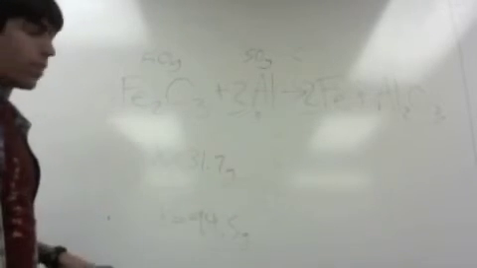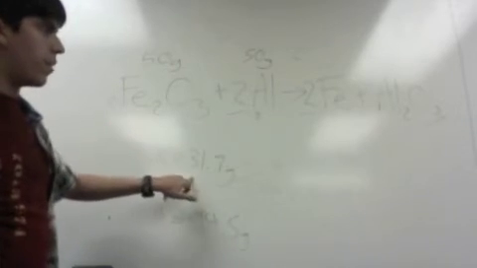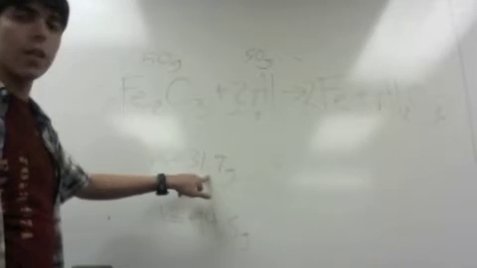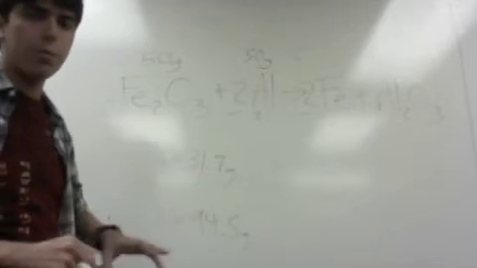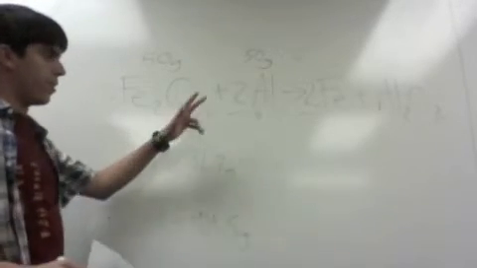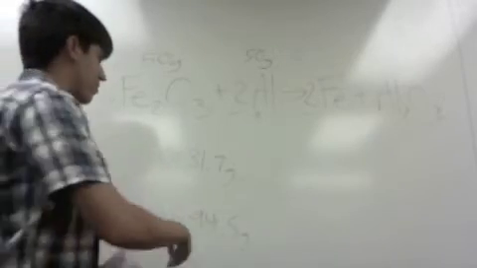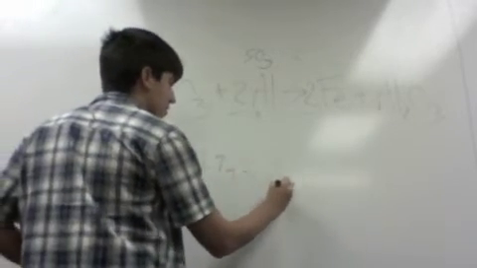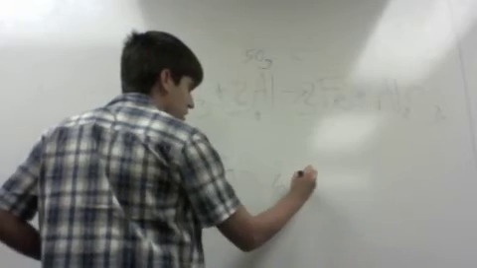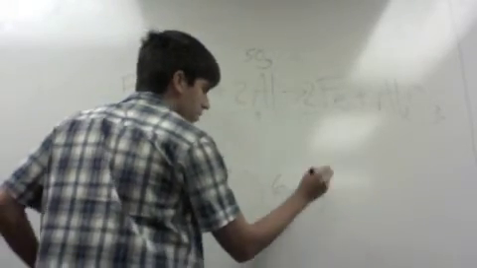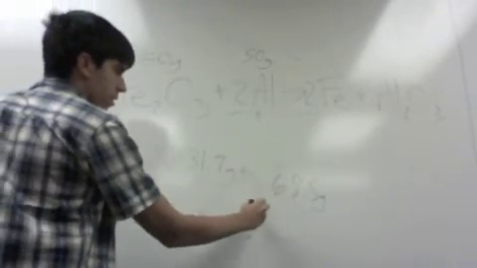With ferric oxide as our limiting agent, aluminum oxide produced 31.9 grams. But assuming that aluminum could have been our limiting agent instead, we got 94.5 grams. This is about a 68.5 gram gap, right?